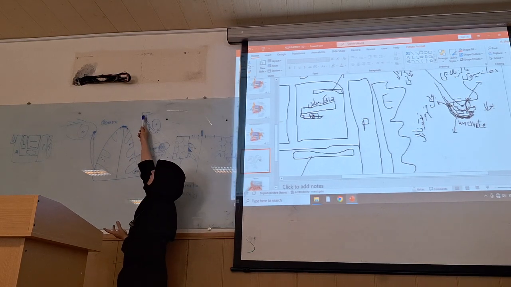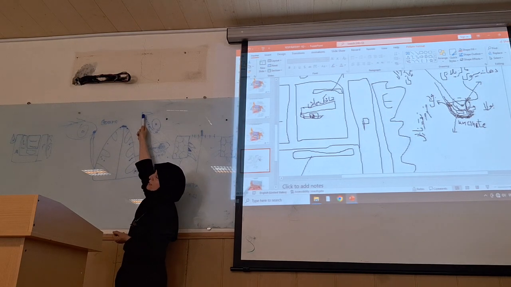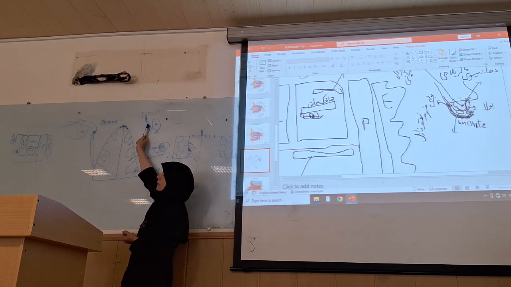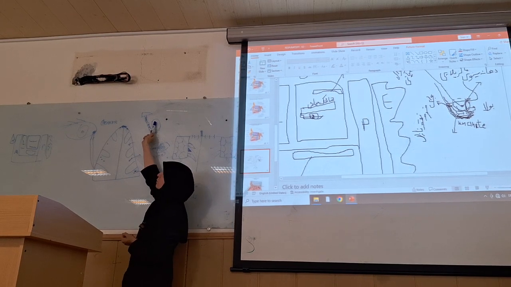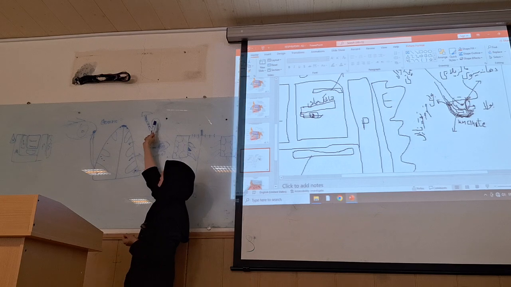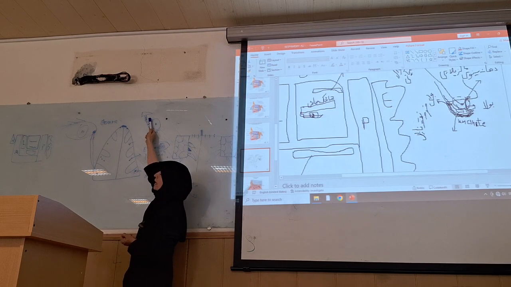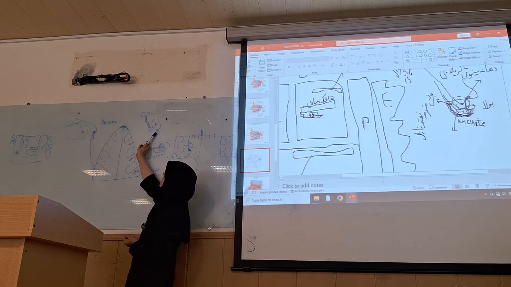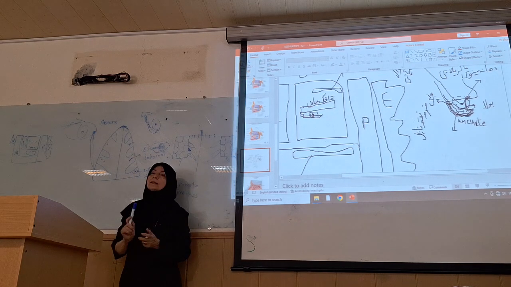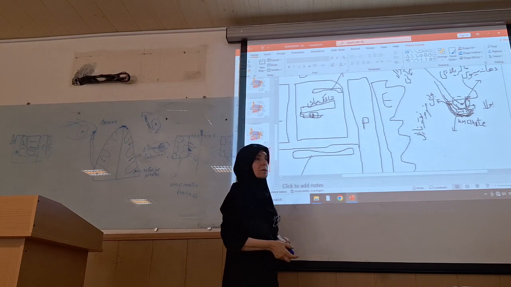This duct we call the frontonasal duct. So the frontal sinus is going to open to the middle meatus. The middle group of the ethmoidal cell opens to the middle meatus. The anterior ethmoidal cell opens to the middle meatus, and the maxillary also opens in the middle meatus.